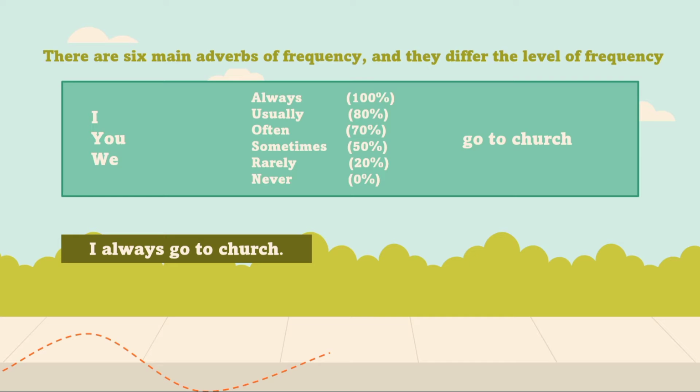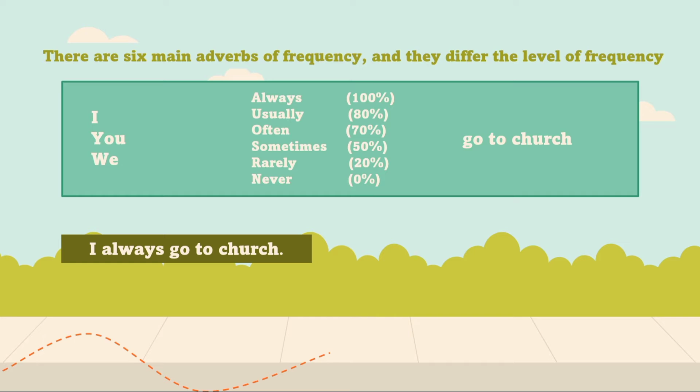How about often? That is 70%. How about sometimes? That is 50%. So when you say, I sometimes go to church, so meaning you are going to church 50%.